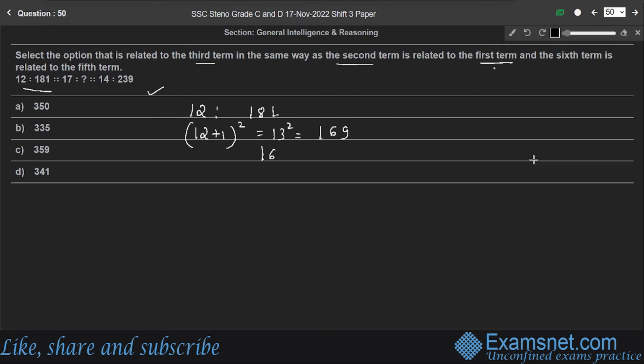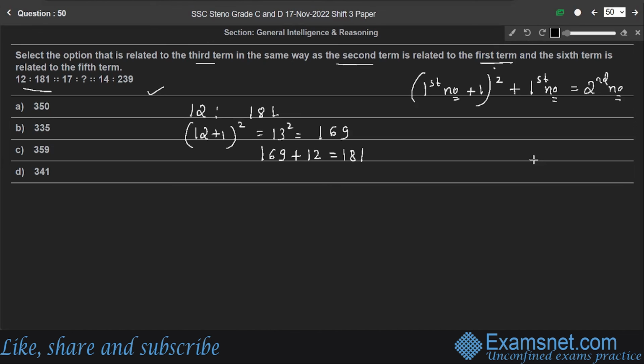Add the first number 12 itself to 169, you will get 181. Therefore, the logic is: first number plus 1, the whole square, plus the same first number gives you the second number. Very simple logic, right?